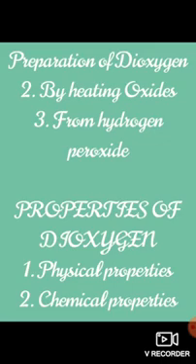Now we'll discuss the properties of dioxygen. As you know, we have two types of properties: physical properties and chemical properties. First we will discuss the physical properties of dioxygen. Dioxygen is a colorless, tasteless and odorless gas.